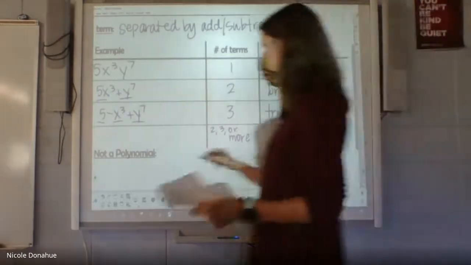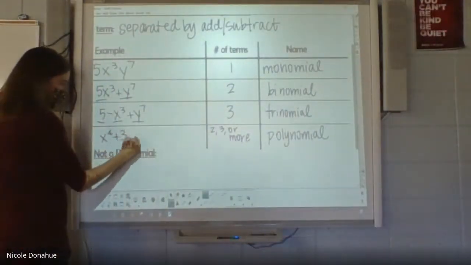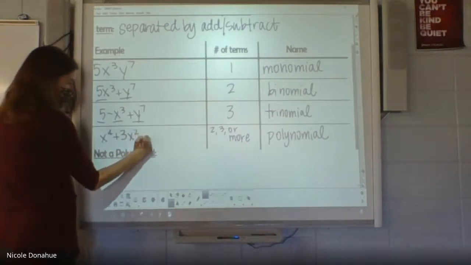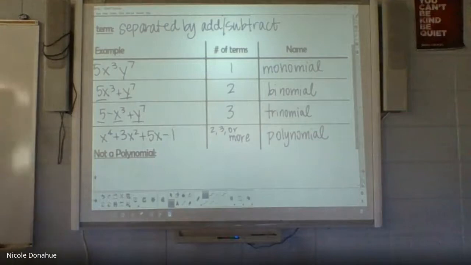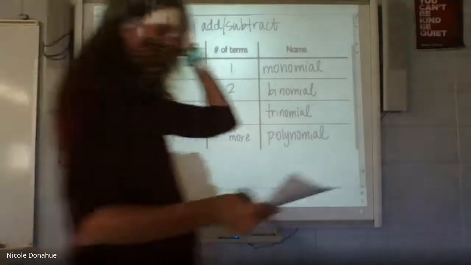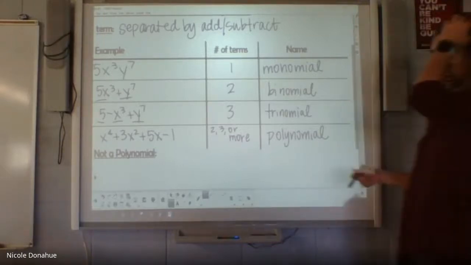So this would be considered 4 terms. There's not a 4-term name, so we just call it a polynomial. Another thing they're going to talk about is something called the degree.